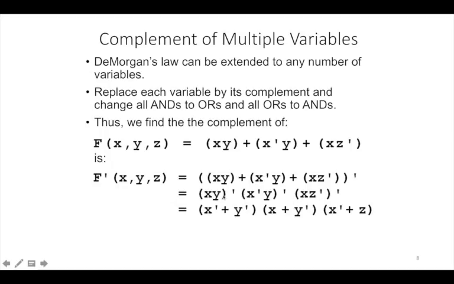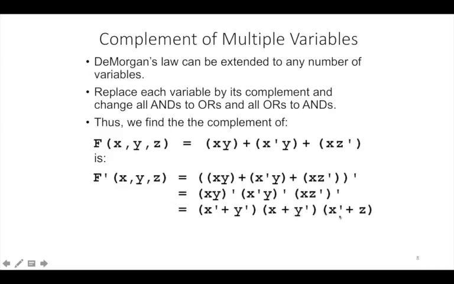Using De Morgan's law, we can obtain xy complement equals x complement OR y complement. We transform the AND operation right here into an OR operation. The same right here, we have x complement y and the whole thing complement equals x double complement, so it becomes x OR with y complement.